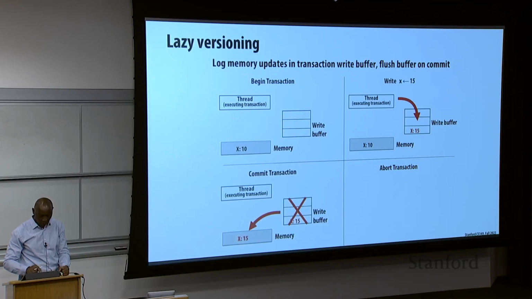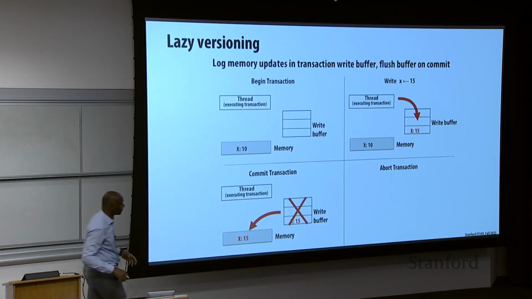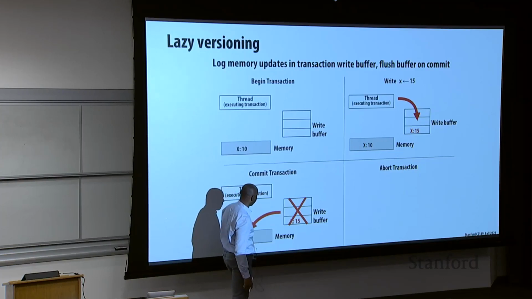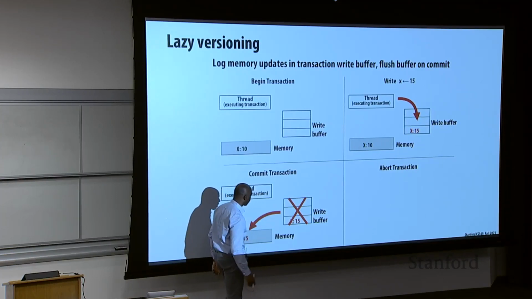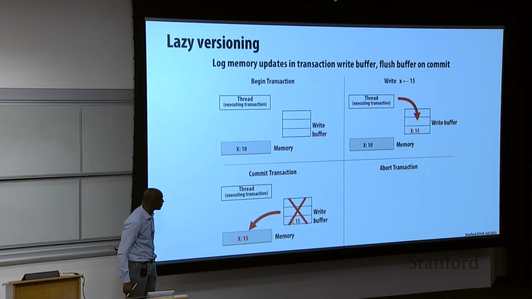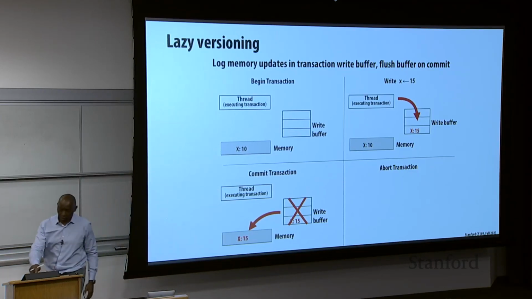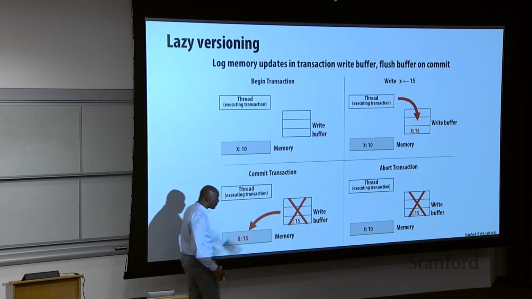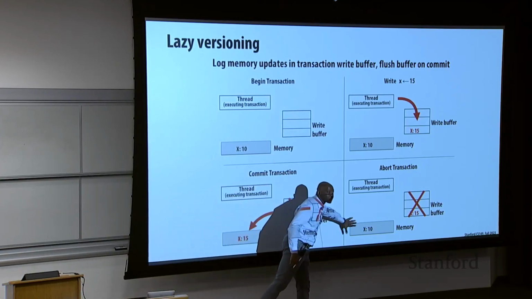In the case of commit, we now have to update memory from the write buffer, and then clear the write buffer. What do we do in the case of abort? You just throw away the write buffer. We haven't changed memory, so we're good.